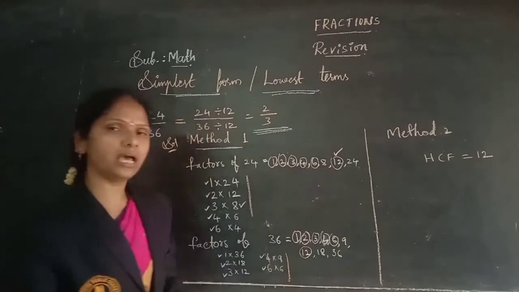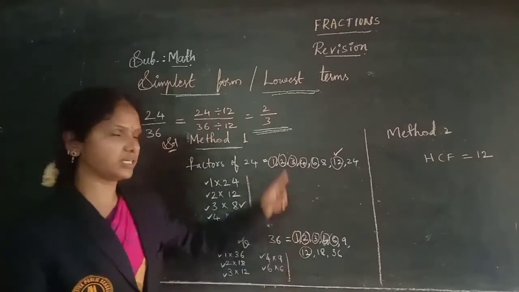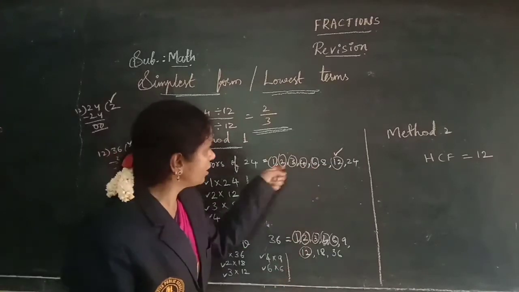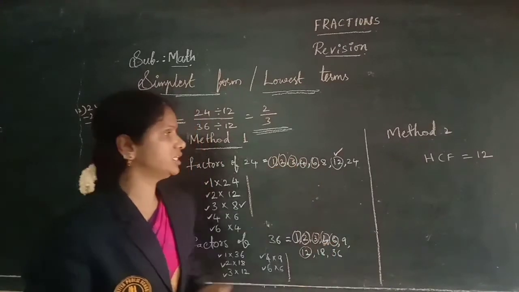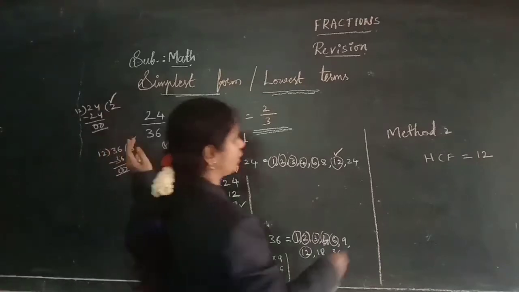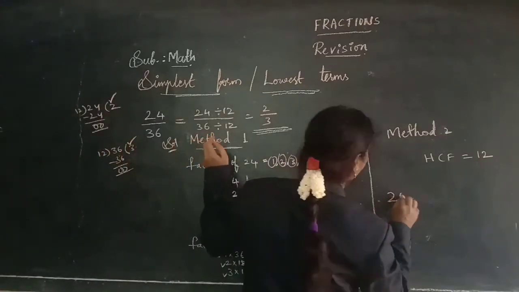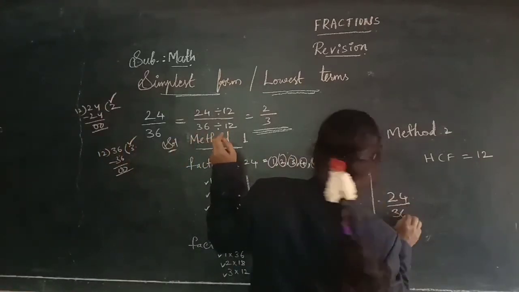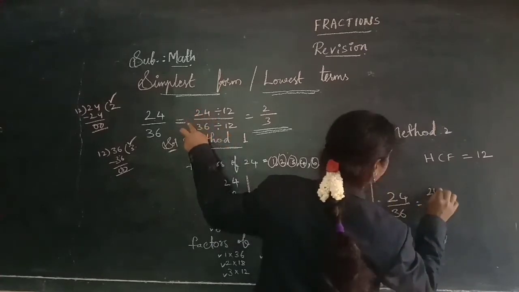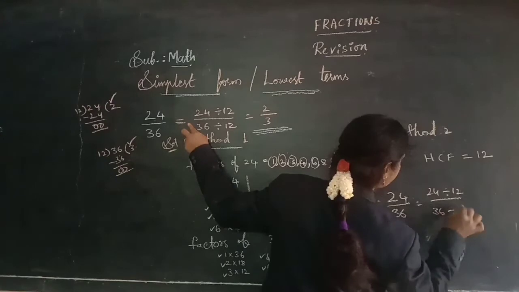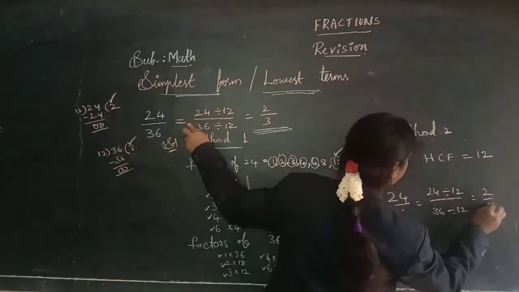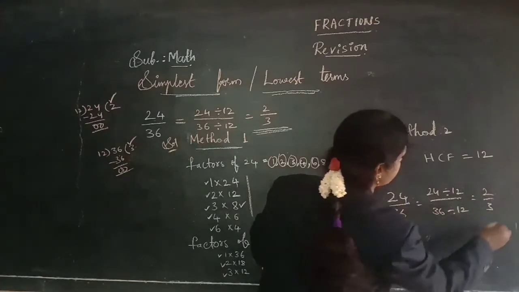Highest common factor here is 12. Among the common factors which I circled, the biggest one is 12. So the given fraction you can divide by 12: 24 is divided by 12 and 36 is divided by 12. So we are getting 2 by 3 as the answer.